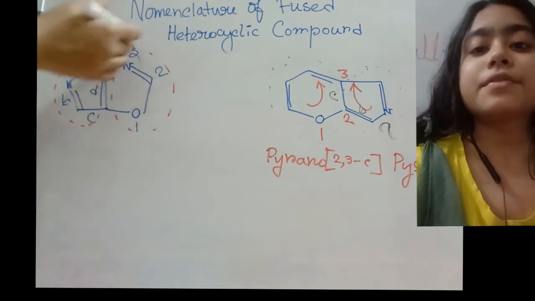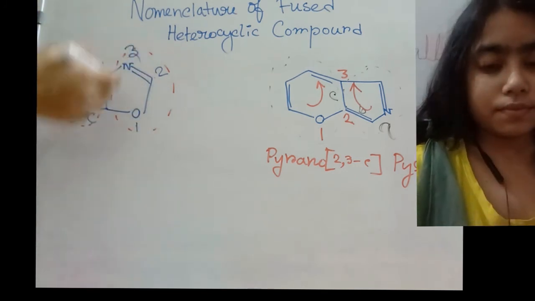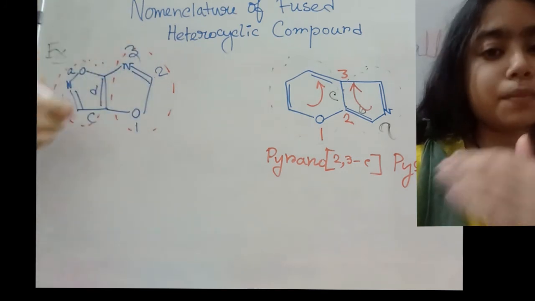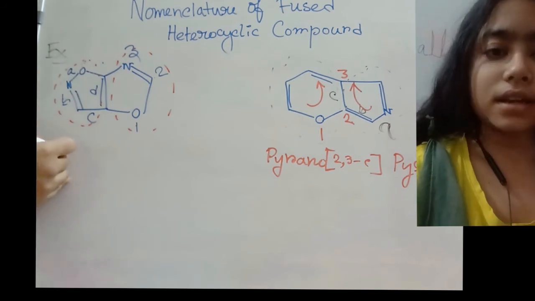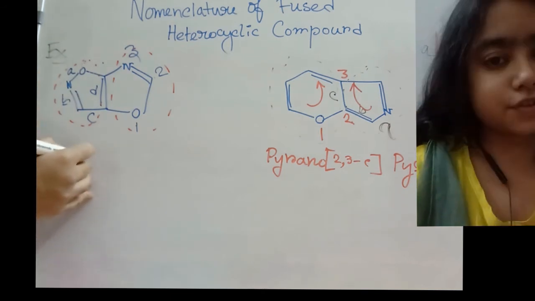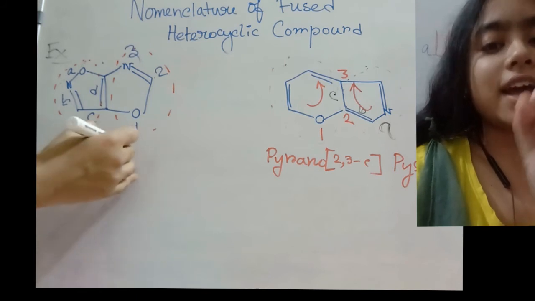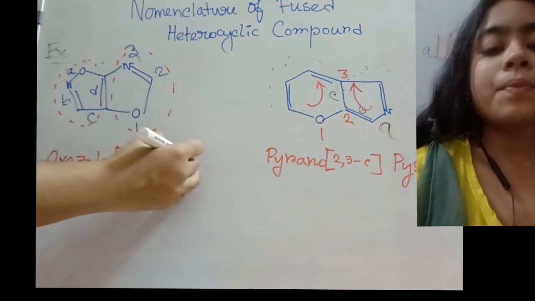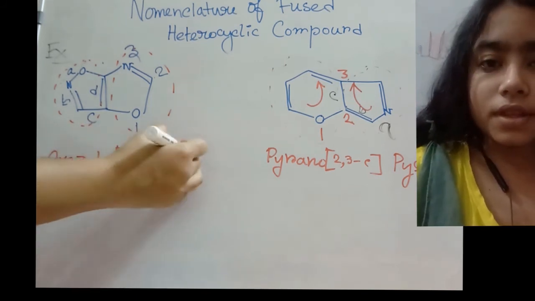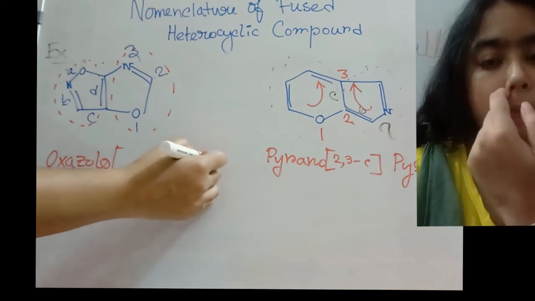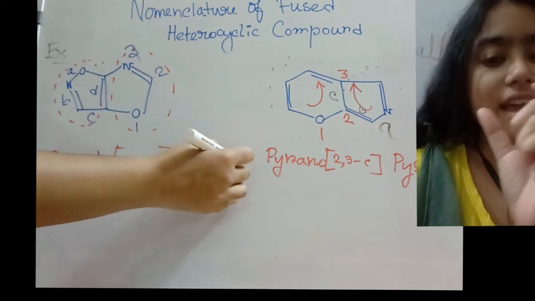Now we have to write the name of the prefix. This is our prefix, and it has the name isoxazole, and this has the name oxazole. So we will write oxazolo, then a third bracket, then isoxazole.